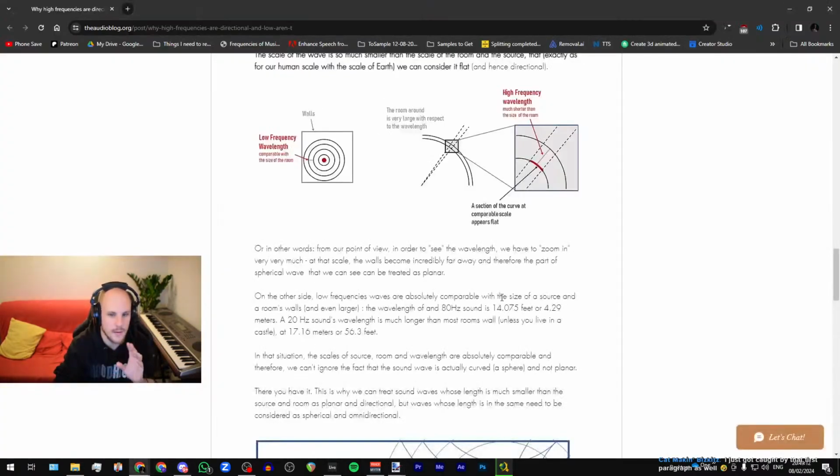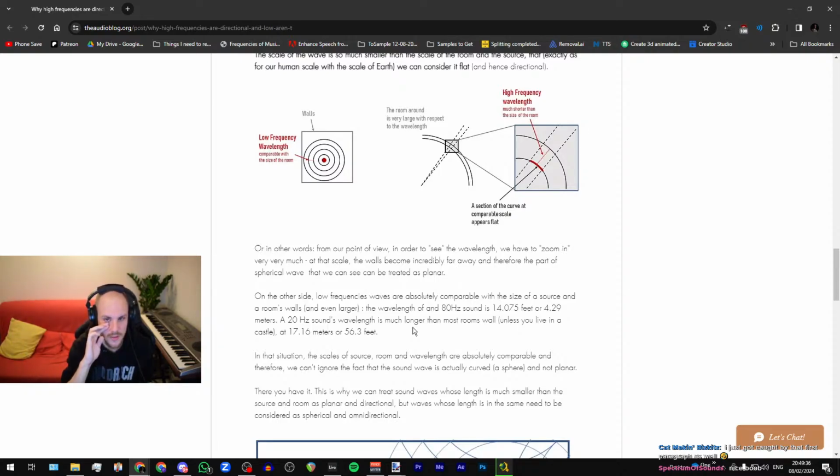And I think that this again shows how important it is to define your terms, because I thought that with directionality and omnidirectionality, especially because the word omni means all directions, right? Like there's a preference for one direction if you're not omnidirectional. That's how I interpreted it, but I don't think that's what they're trying to say.